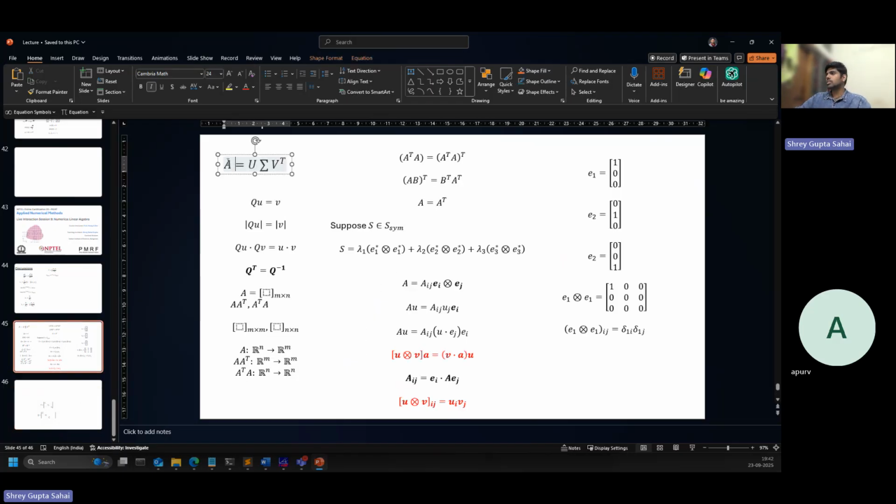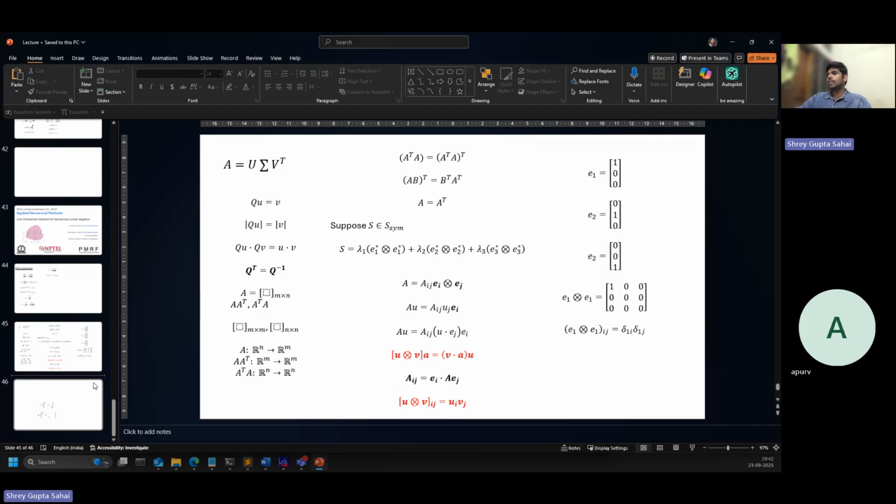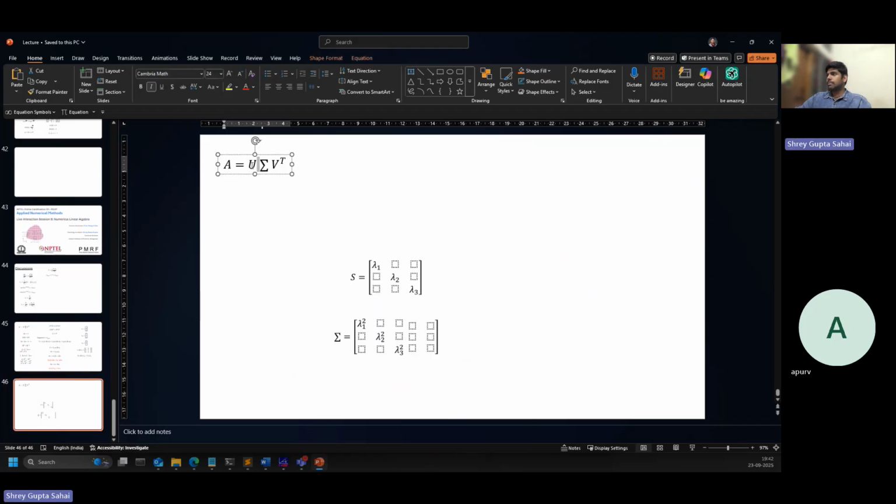In a polar decomposition, you write that any tensor, not just a matrix, can be written as Ru, where R is an orthogonal matrix and U is a symmetric positive definite matrix.